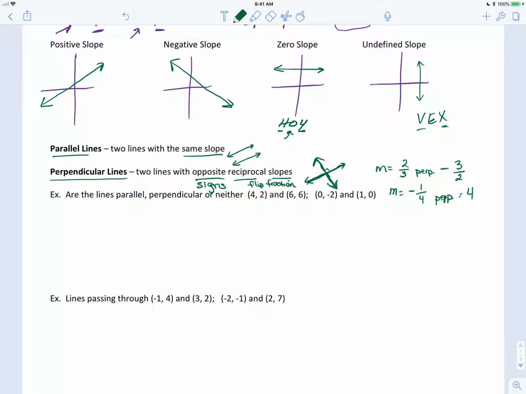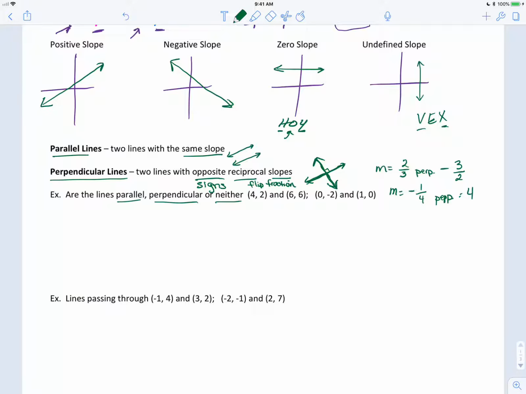You might have some questions on your homework that say, are these lines parallel, same slope? Are they perpendicular, opposite reciprocal slopes, or are they neither? And if they don't fall into either one of the categories, then they're just going to be neither. If we were in the classroom, I would have you do a little chant.